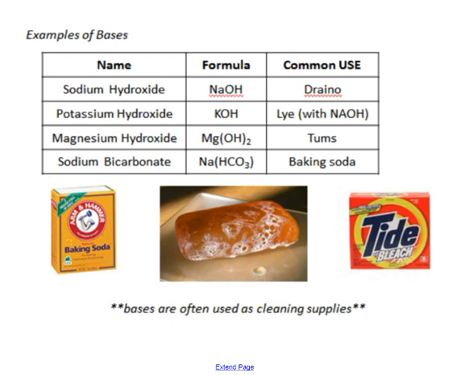Common examples of bases are things like sodium hydroxide, which is found in Drano. Potassium hydroxide, which, when mixed with sodium hydroxide, is the component in lye, which is used for making soap. Magnesium hydroxide is found in Tums. Sodium carbonate is a kind of base found in baking soda.